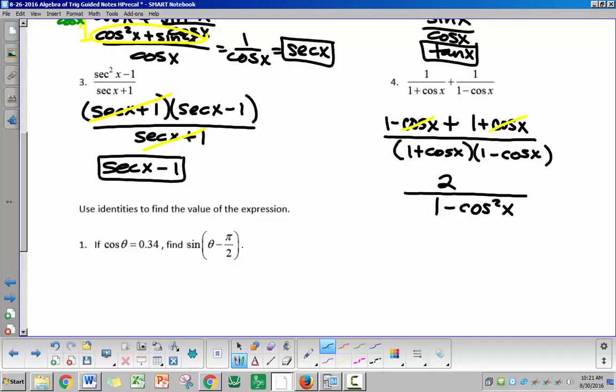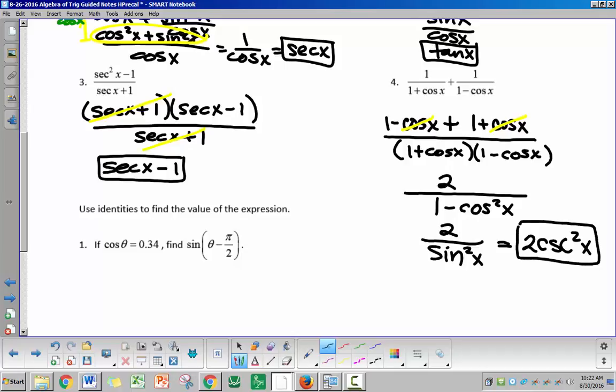And that's sine squared, right? So that would be 2 over sine squared x. But what's 1 over sine squared? Cosecant squared. So this is going to be equal to 2 cosecant squared x.